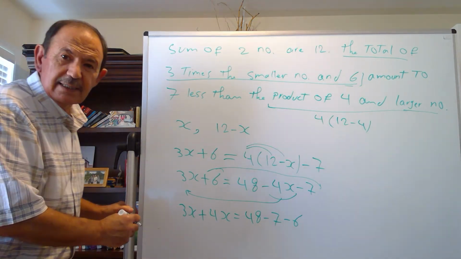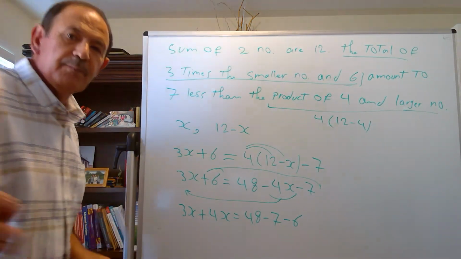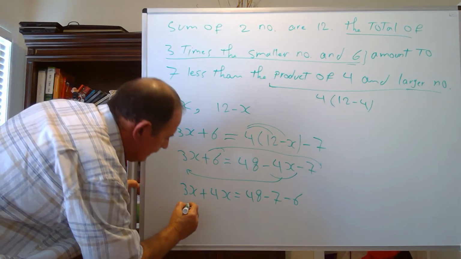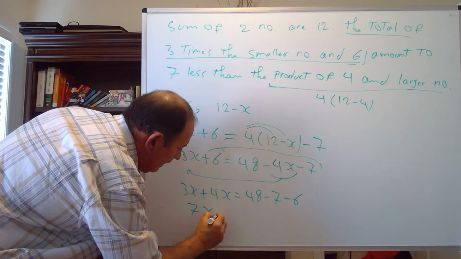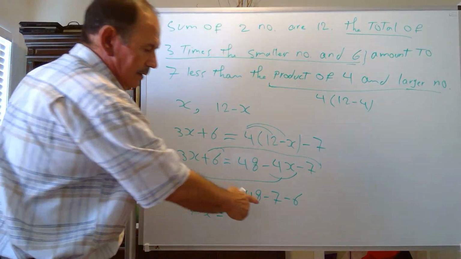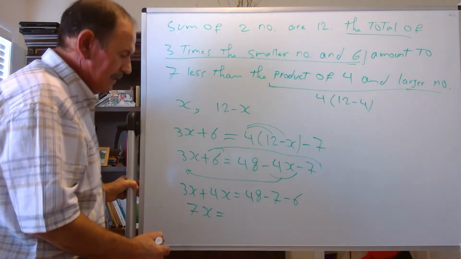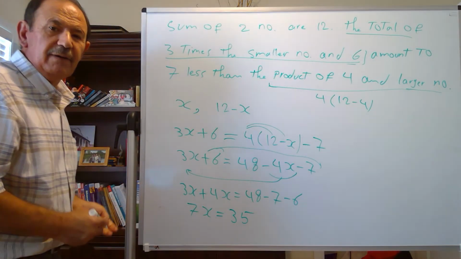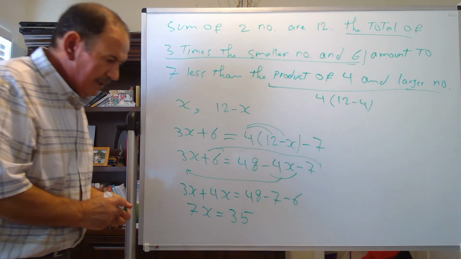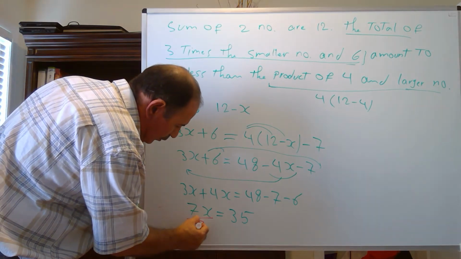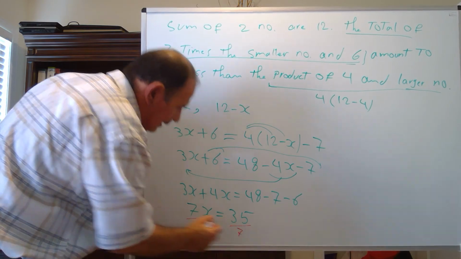3x plus 4x is 7x. 7x is equal to 48 minus 7, which is 41, minus 6 is 35. 7x is equal to 35. To eliminate this 7, divide both sides by 7.